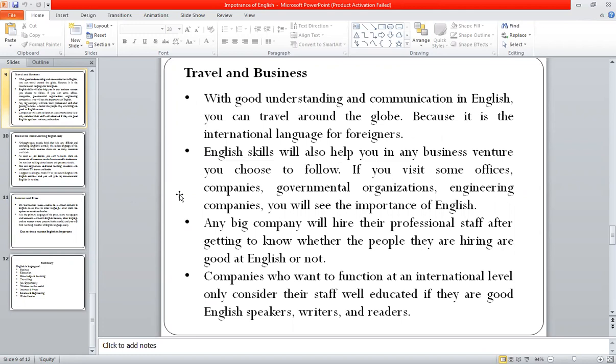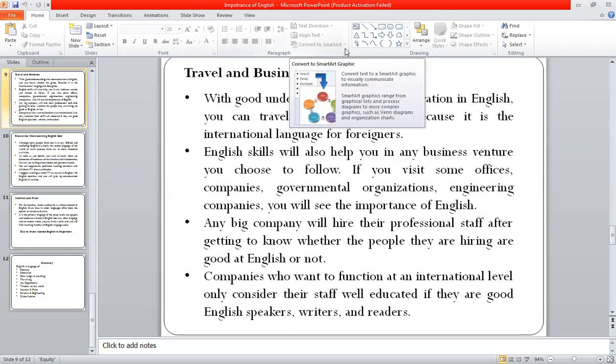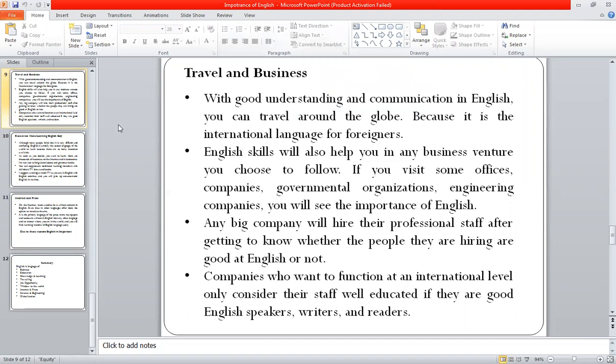If you can understand this language and are able to communicate with the help of it, then you can travel around the world very easily, whether for traveling or for your business purpose, because it is the international language for foreigners.